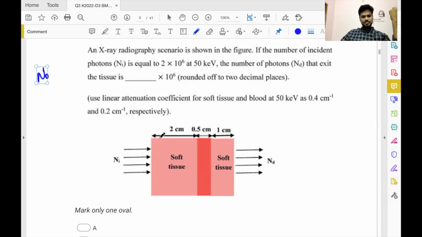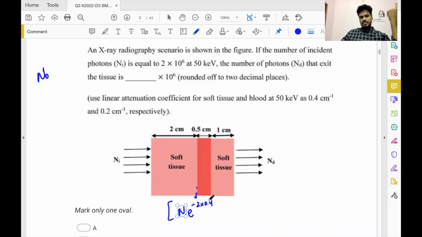So technically what happens is this Ni becomes, at this junction, Ni e power minus 2 times 0.4, since this tissue is 0.4. So this is the intensity we have here.